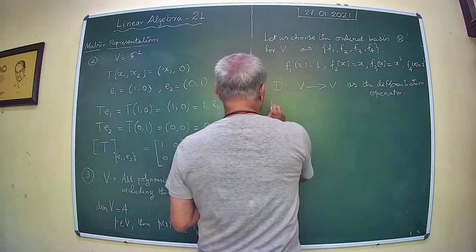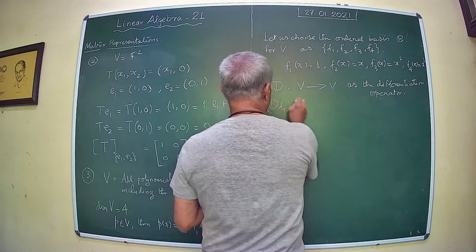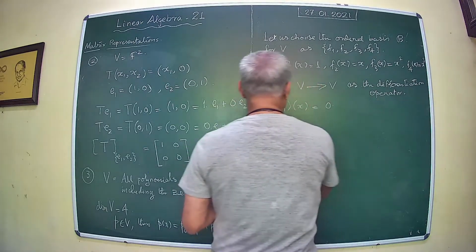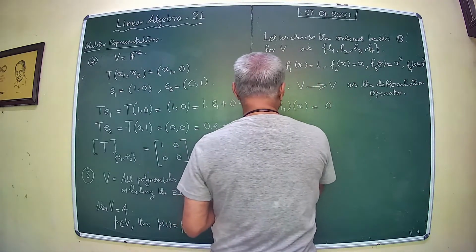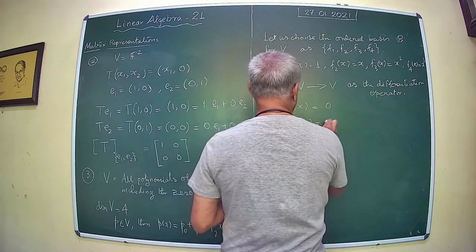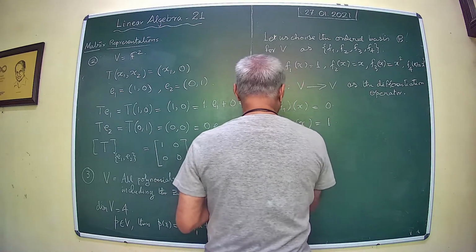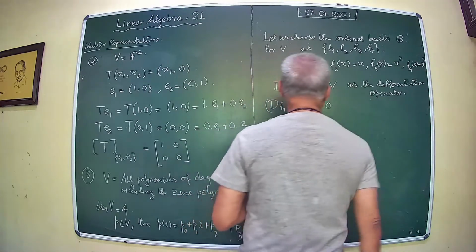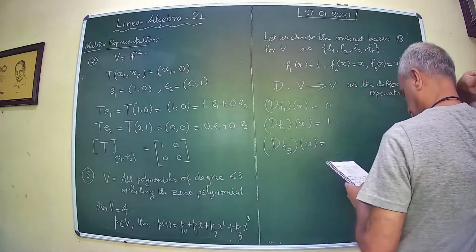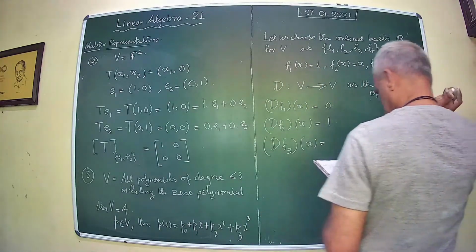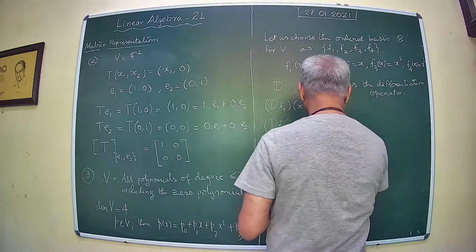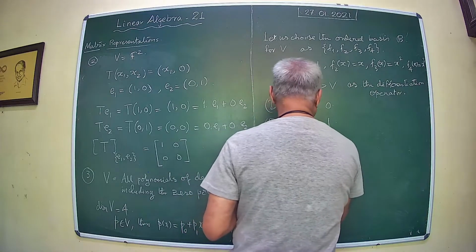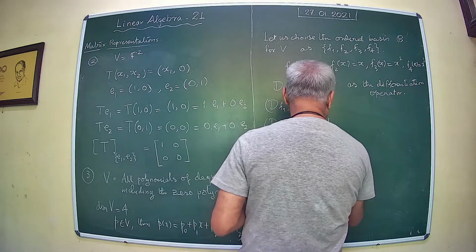So D(F1) is equal to 0, D(F2) is 1, D(F3) is equal to 2x, D(F4) is 3x squared.